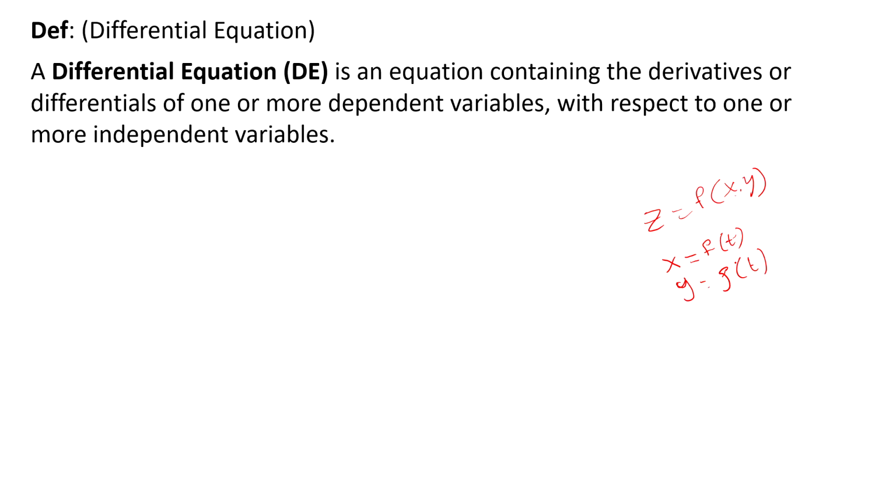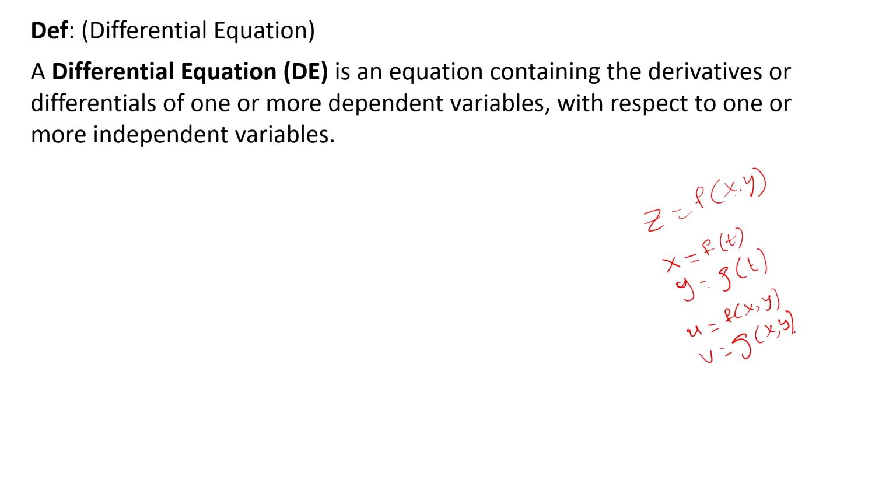Well, if we go with that, could we think of a situation where you have two independent and two dependent variables? Yep, we can. As in, u equals f of x comma y, and v is g of x comma y.